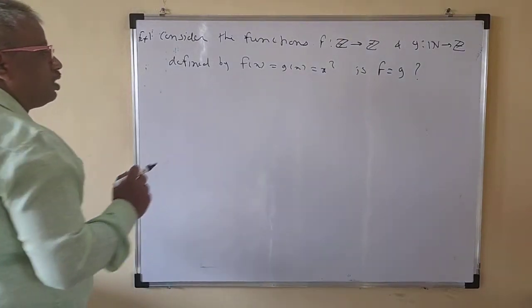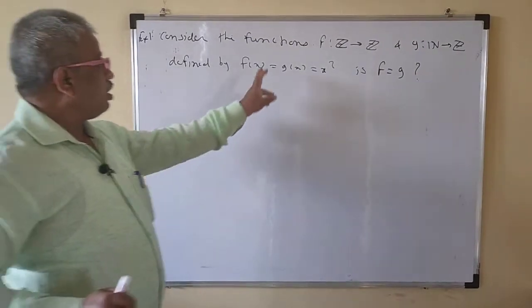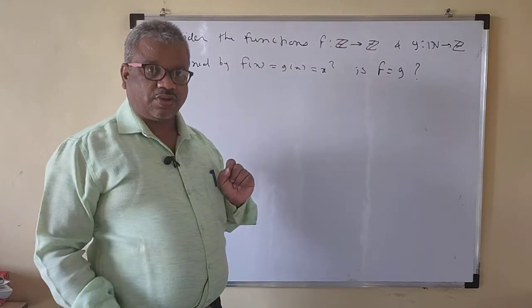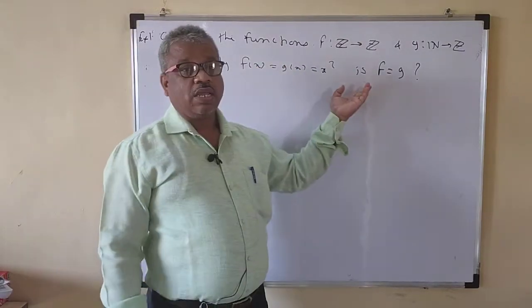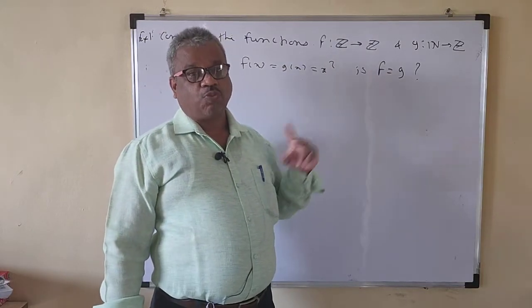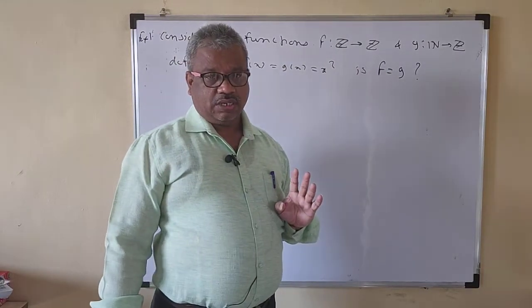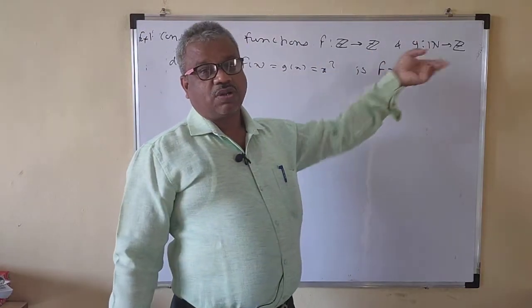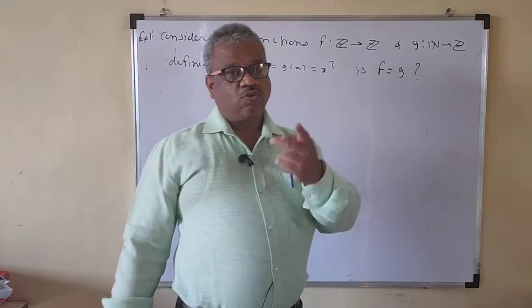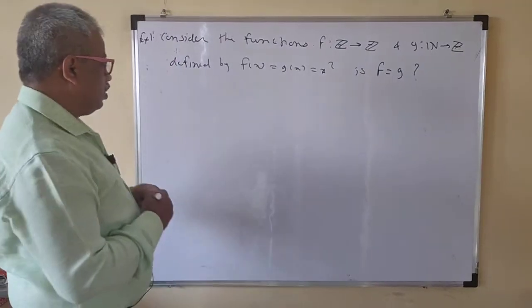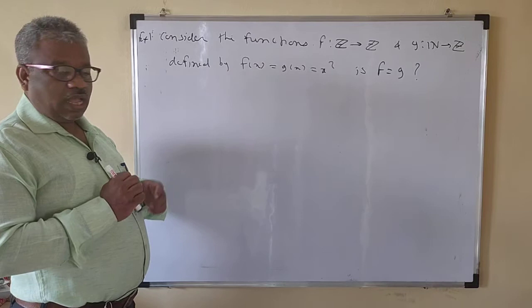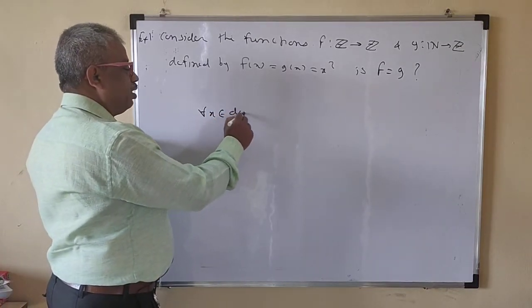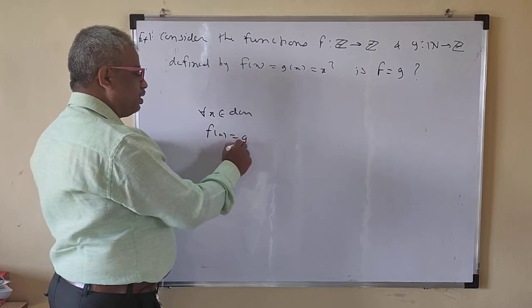So you know that two functions are equal. See, they have defined f of x as x cube, g of x is also x cube. So the problem is whether these two functions f and g are equal or not. Now see, f is from integers to integers, and g is from natural numbers to integers. So you know that two functions are equal if their domains and codomains are equal, and also for any x belonging to the domain, f of x is the same as g of x.